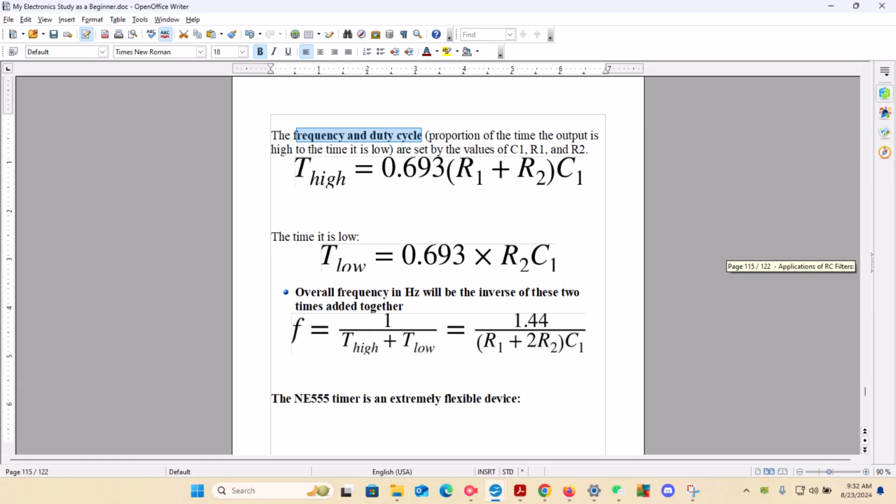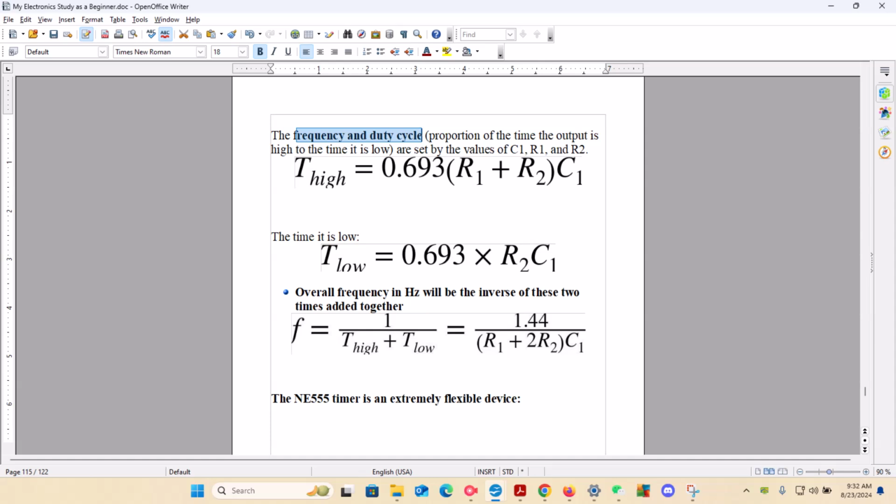Keep in mind that the overall frequency in hertz will be the inverse, the opposite, so instead of 1 over 2 it's 2 over 1, or if it's 2 over 1 it's 1 over 2. It's called the inverse, as you probably know from math. So the overall frequency in hertz will be the inverse of these two times added together. Let's look at the frequency now. Frequency equals 1 over (time high plus time low).